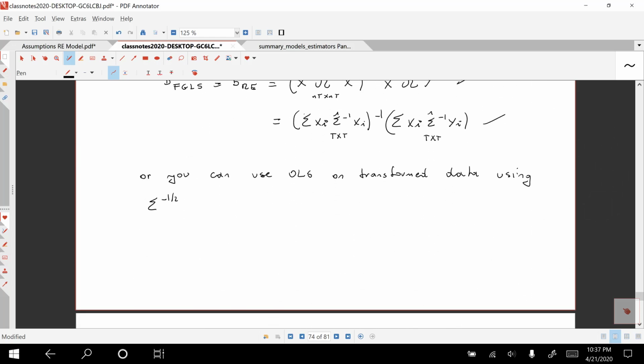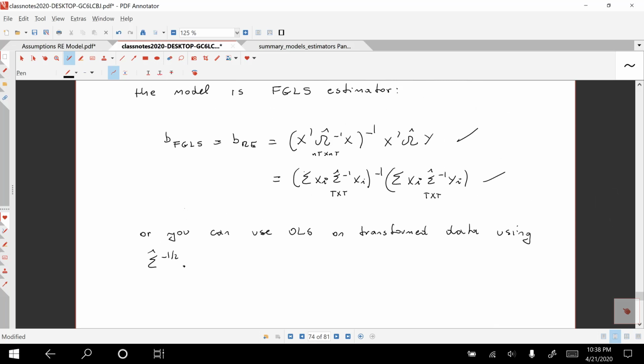It's kind of like the square root of that matrix, but it's not really the square root; it comes from the Cholesky decomposition. To simplify things, I'm going to write it anyway. This estimator is very easy to use, so most of the time you probably won't need this transformation.